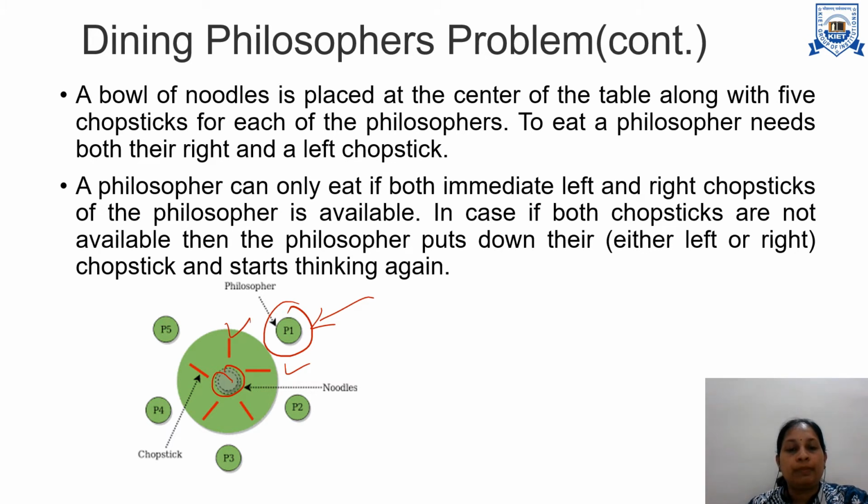But if both resources are not available, then P1 will not be able to complete its task. So if P1 allocates the first chopstick, that is the first resource, but the second one is not available, then it will release the first one also and start thinking again. What does that mean? That it is waiting for both the resources.